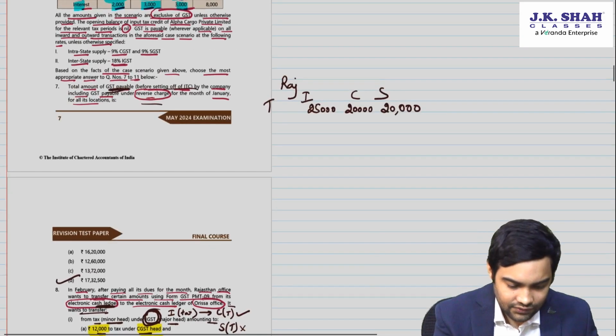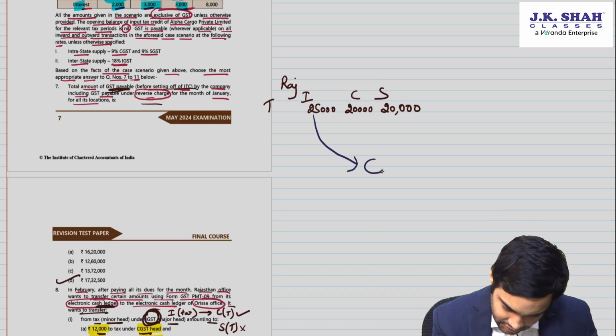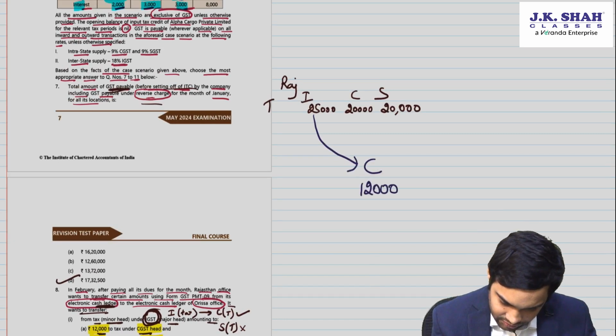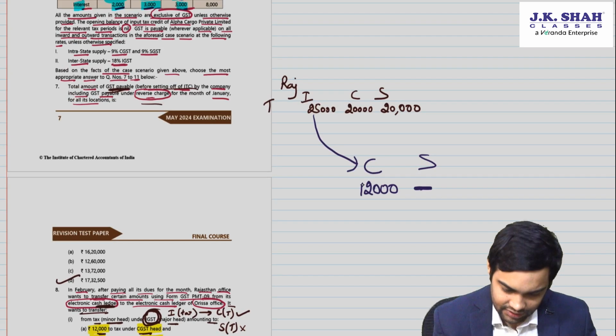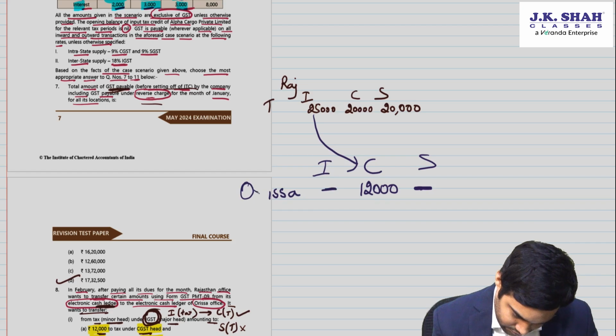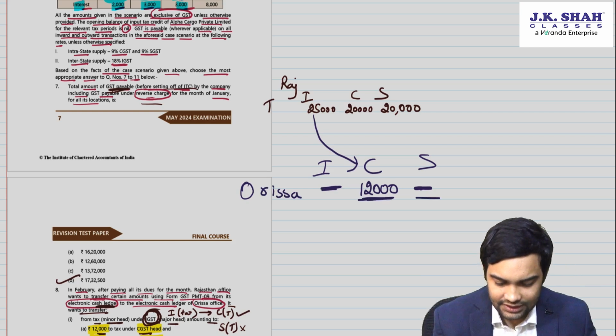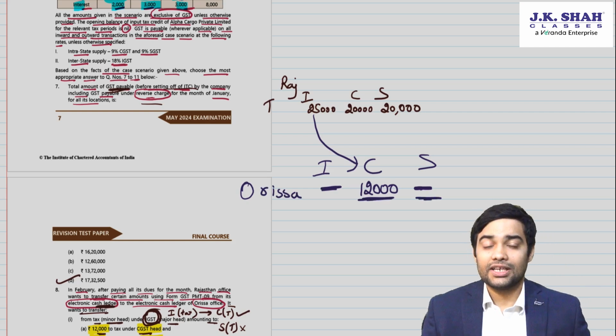Can you transfer to CGST head? Yes. So from here you can transfer to CGST head 12,000, but to SGST head you can't. So the balance in Orissa e-cash ledger will be IGST nil, CGST 12,000. SGST transfer cannot be done.